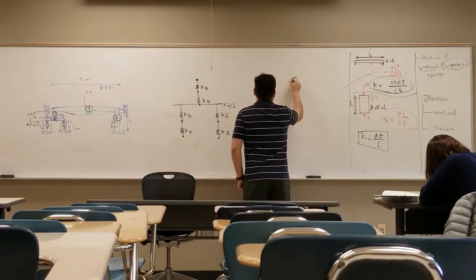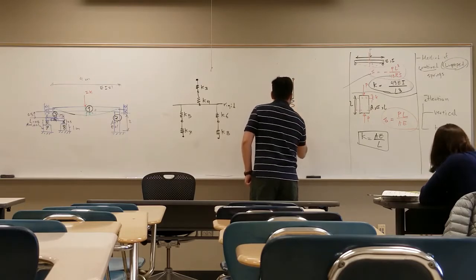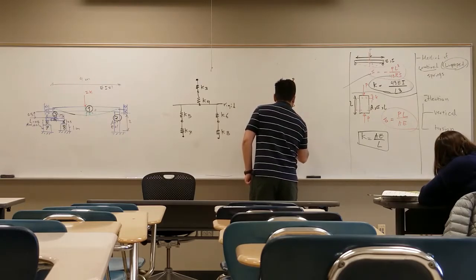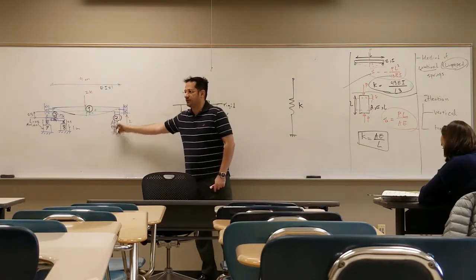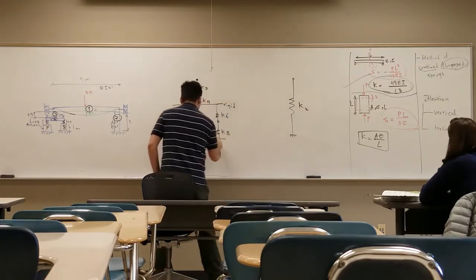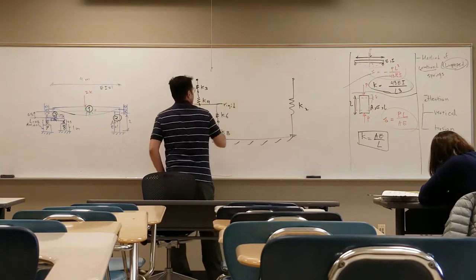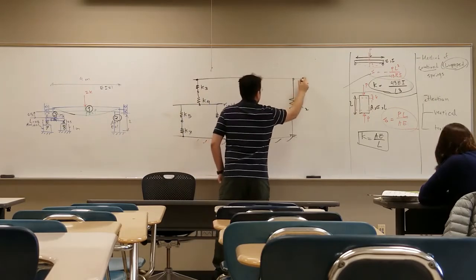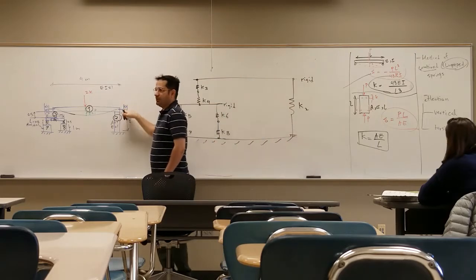Now, starting with the other side. What should I write here? K2 for this entire column. And this one is also rigid, because we assume that this only goes in Y. You see this roller here?